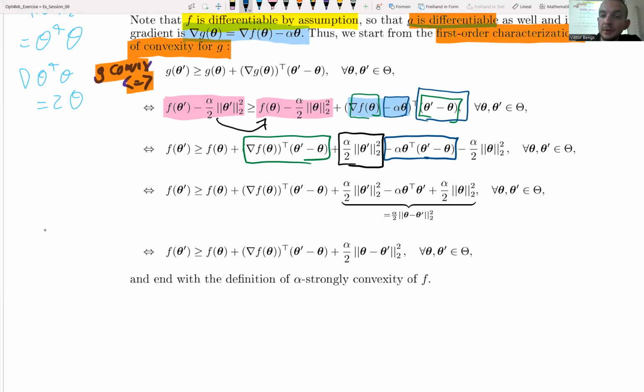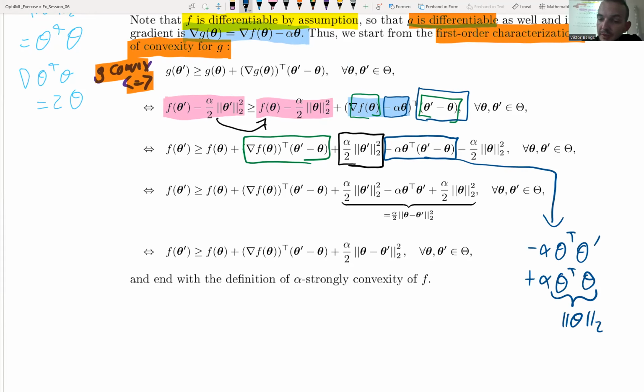And well, if we now consider that this blue term is nothing else than alpha inner product of theta with theta prime plus alpha theta prime with theta, which is, as we saw just a minute ago, nothing else than the squared Euclidean distance of theta.